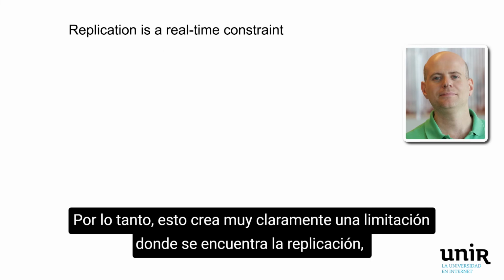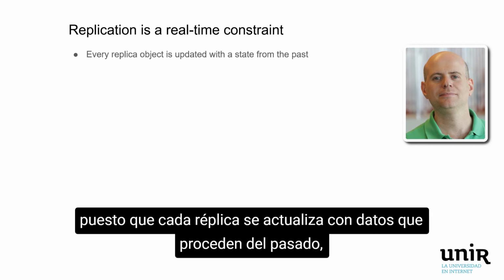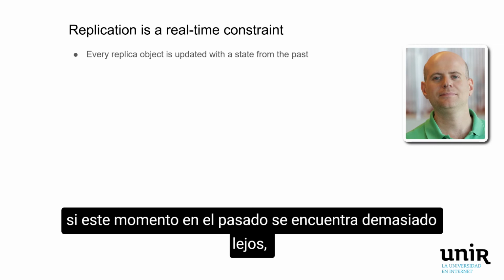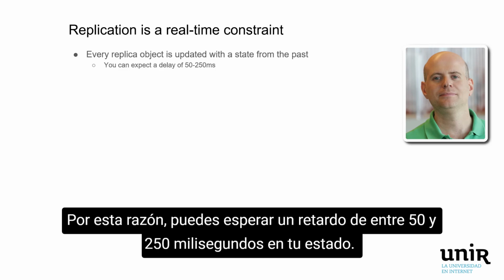Okay, so this clearly creates a constraint where replication is basically making your application a real-time application, right? Because every replica is updated with data that comes from the past. And if that past is too far back, that information is stale and I cannot do anything with it. So you can expect a delay of 50 to 250 milliseconds in your state.